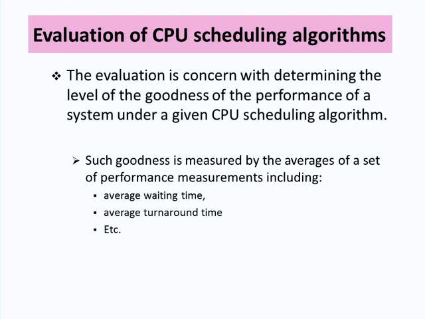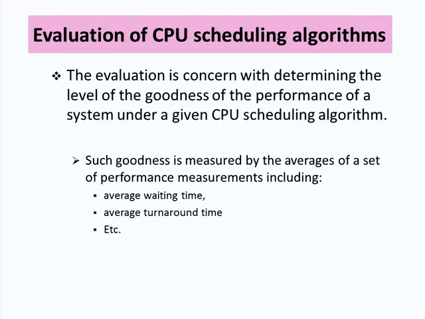From the time it arrived at the ready queue, it will take one chunk of time executing, then go back to the ready queue, then later on take a slice of time to execute, and then queue again. So the summation of all waiting times in the queue plus the times that the process has spent executing on the CPU, all of that forms the turnaround time, the time needed by the process to finish.